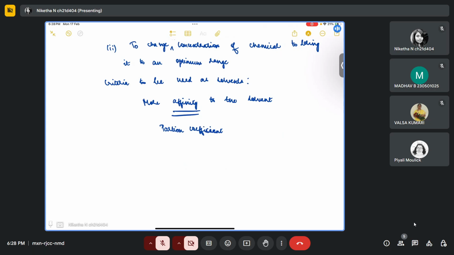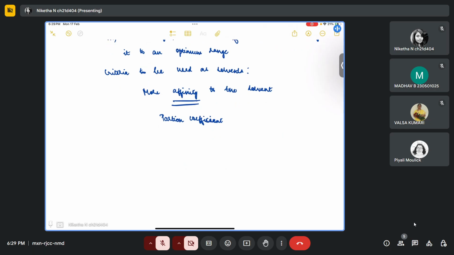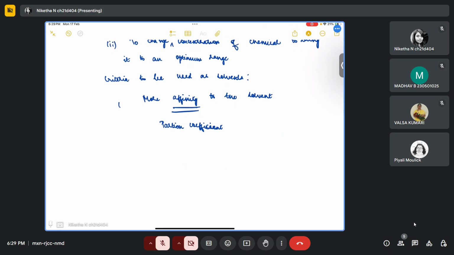So, if a chemical has a higher partition coefficient towards the solvent rather than the sample, then the solvent can be used and it can successfully remove or separate the analyte from the sample, and then it can be loaded into the instrument. And at the same time, this is the first criteria. So, what is the second one?